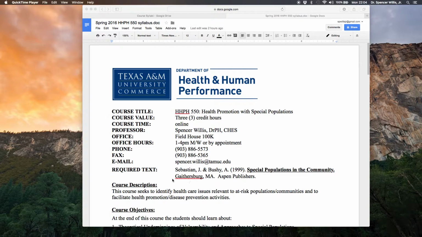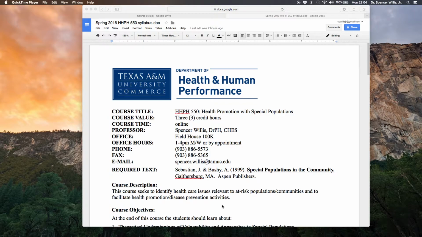The course description. This course seeks to identify healthcare issues relevant to at-risk populations or communities, and also facilitate any health promotion or disease prevention activities. Like I said before, ideally we would deal with vulnerable populations. Depending on the case study, depends on the population.